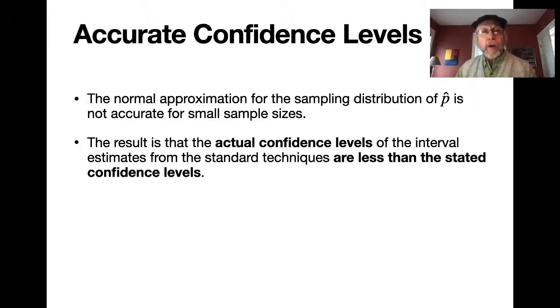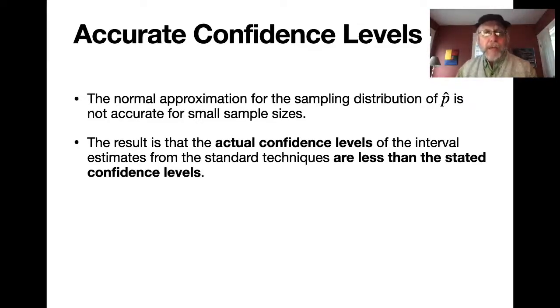And by the actual confidence level, I simply mean the actual proportion of all confidence intervals that truly contain the mean. We've discussed the fact that, assuming everything is hunky dory, 95% of all 95% confidence intervals truly contain the mean.